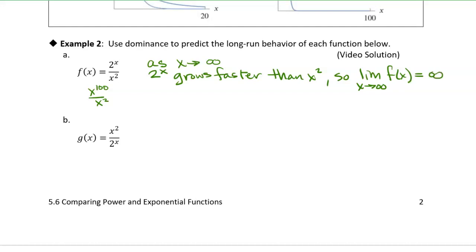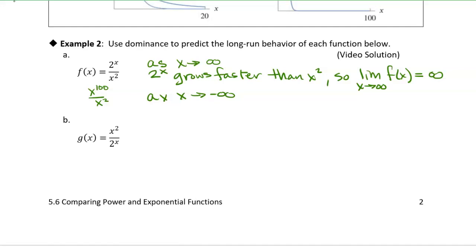Now let's look at the other way around, as x goes to negative infinity. Here the x squared is going to dominate in the long run, so the denominator is going to be bigger than the numerator, given the result we had before.